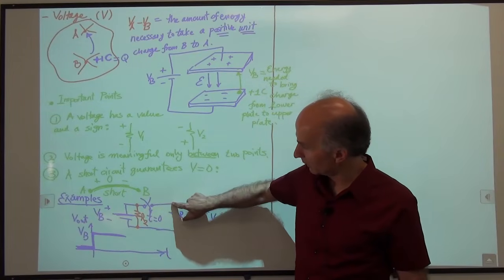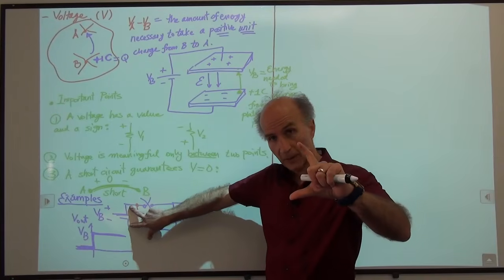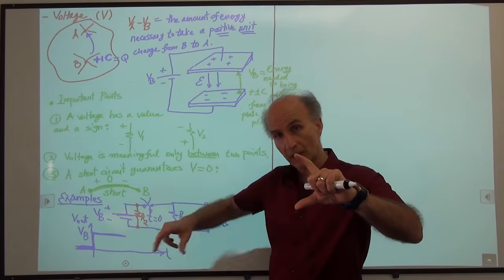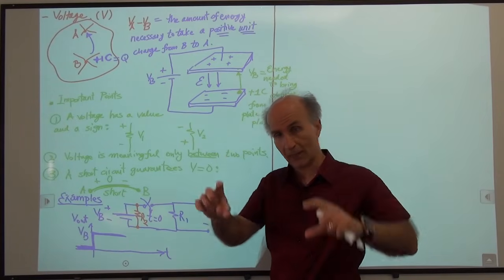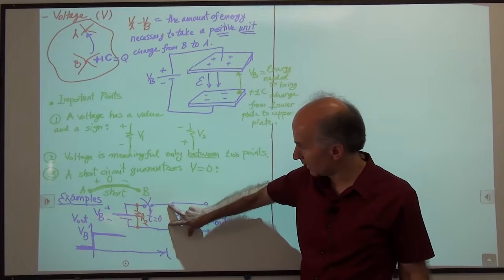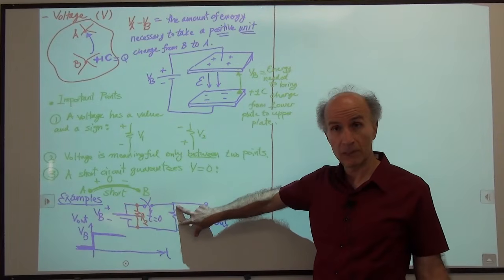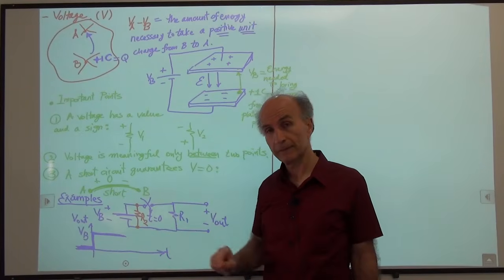If it's a piece of wire, this voltage difference is VB, the battery voltage. This voltage is still VB. I have a battery, I have a resistor here, and I have one more resistor over here. They're all connected in parallel. So this is VB, this is VB, this is VB. Everything is still VB. So the voltage across R1 is still the same as before.